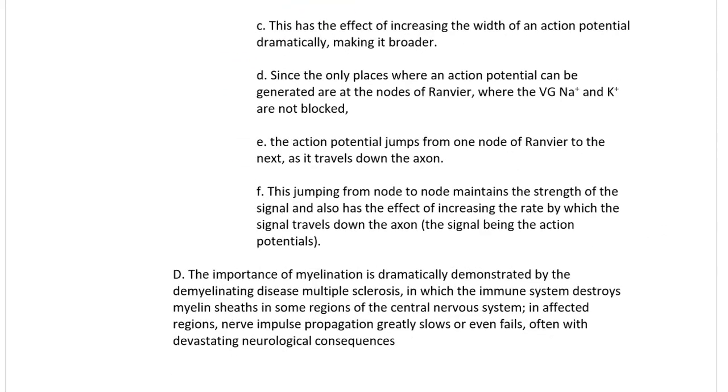The importance of myelination is dramatically demonstrated by demyelinating disease, multiple sclerosis, in which the immune system destroys the myelin sheaths in some regions of the central nervous system. In affected regions, nerve impulse propagation greatly slows or even fails, often with devastating neurological consequences. So in MS, what happens is the immune system starts attacking these glial cells and killing them.